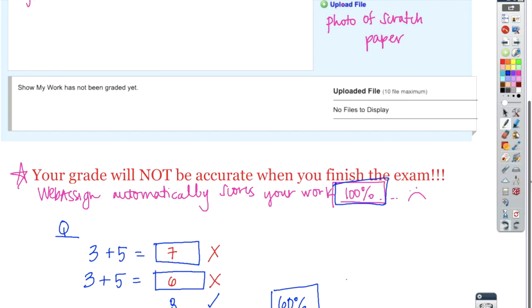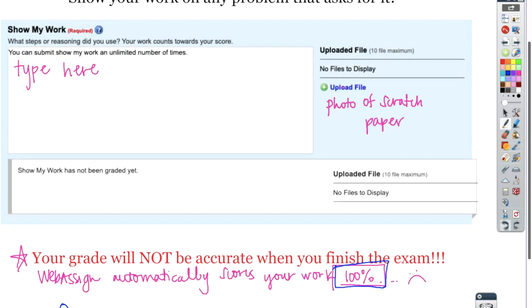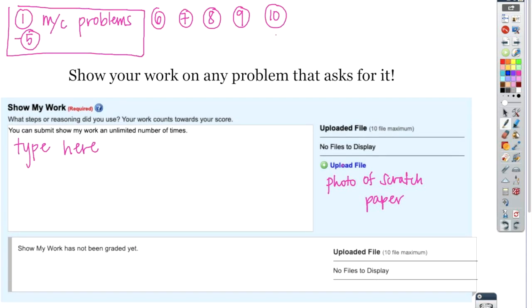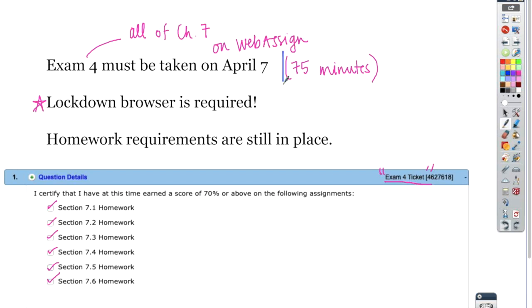Now, the last thing that I'll say about this is obviously you can have your notes and your formula sheet in front of you, but remember, this test is timed at 75 minutes. So there's not a lot of time for a couple things.